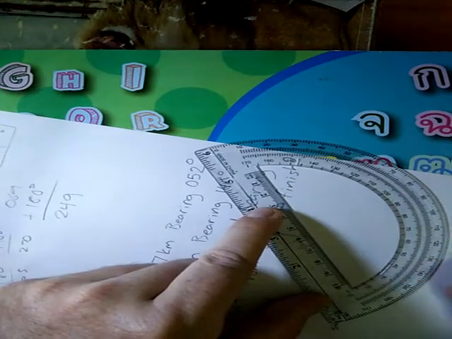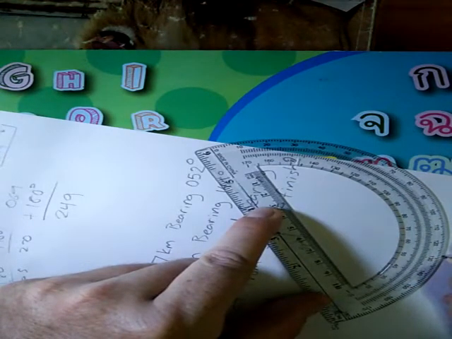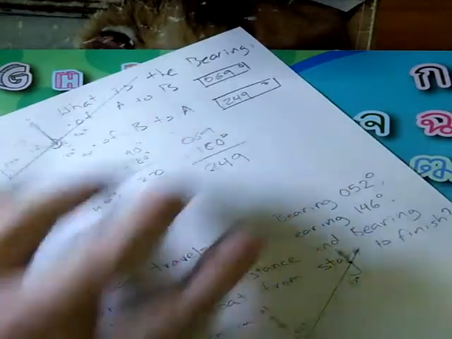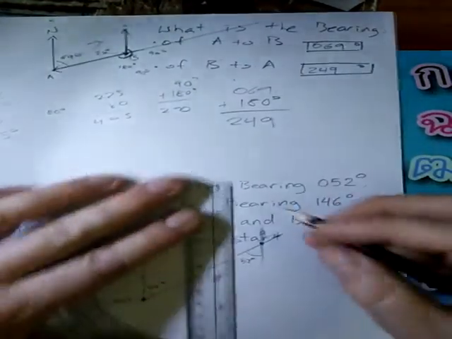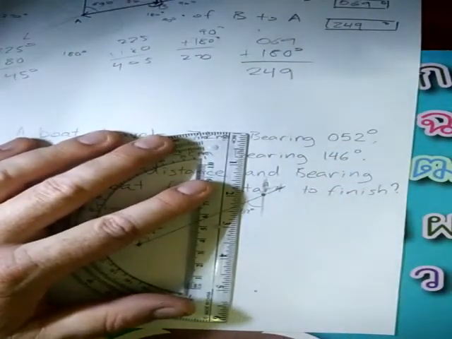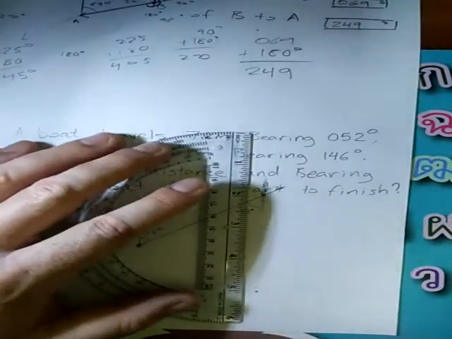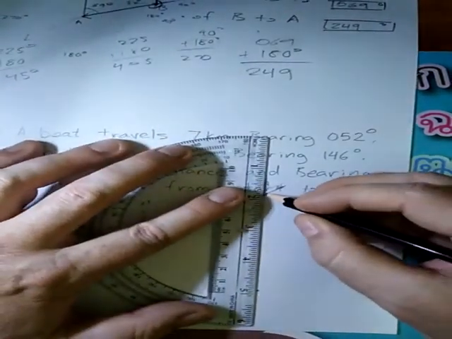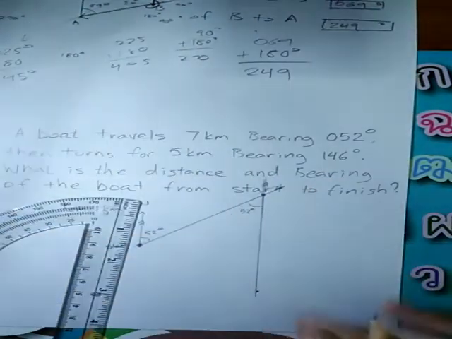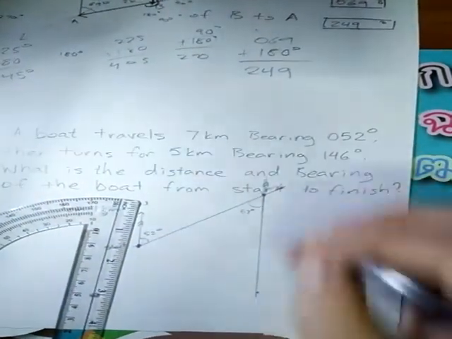Well, here's 50, and I'm going to go 2 degrees right there and draw a line from my point to here. And now I have my north-south line.